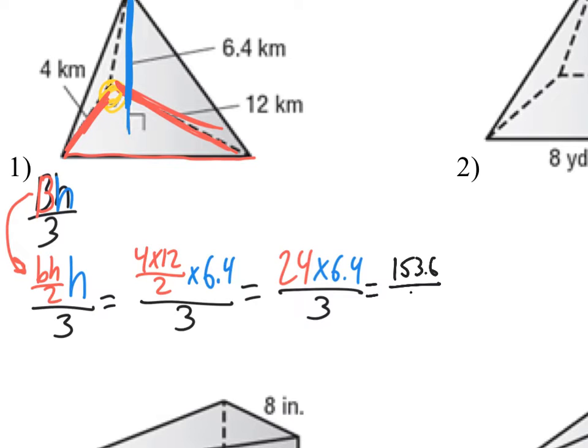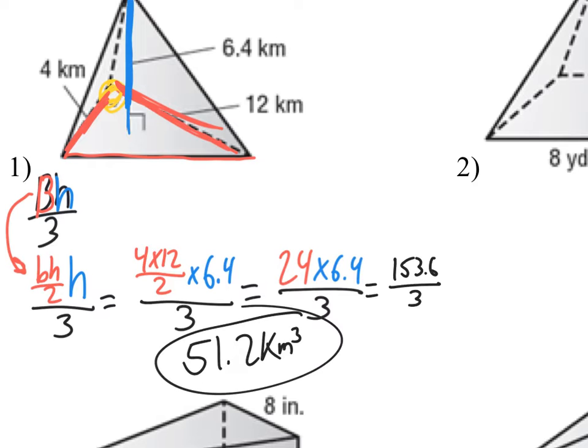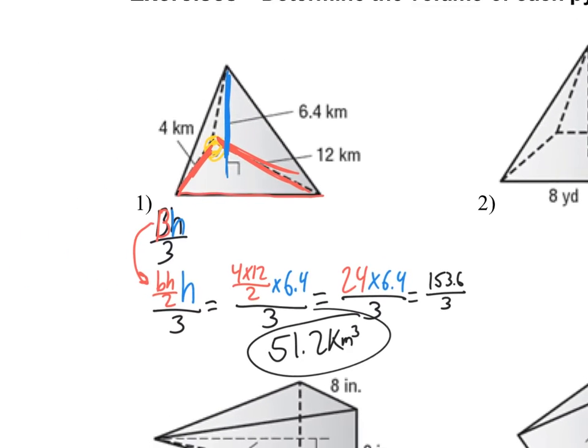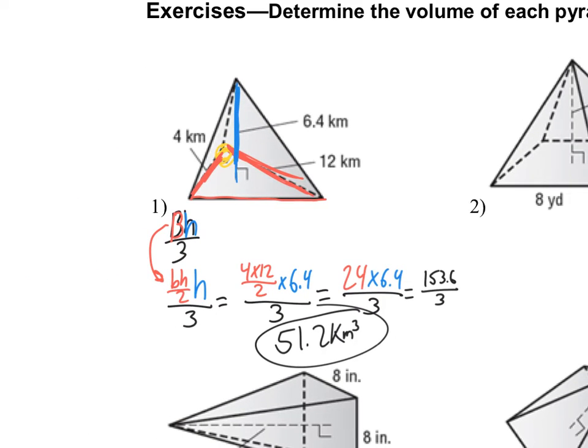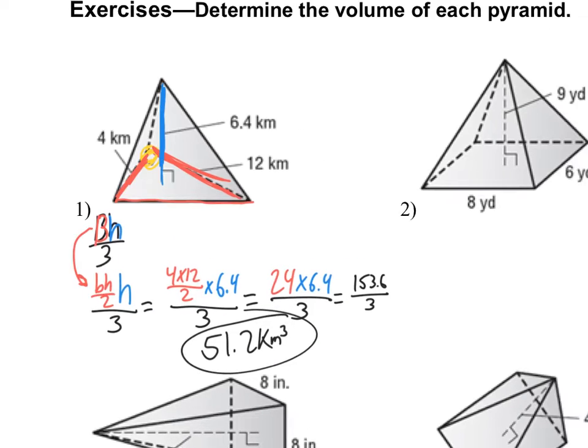And again, we still have to divide by 3. That answer divided by 3 is going to be 51.2 kilometers cubed for our volume there. Again, this is why I got to write the steps down, because it's too easy to get some of this stuff mixed up. Take a look at number 2.